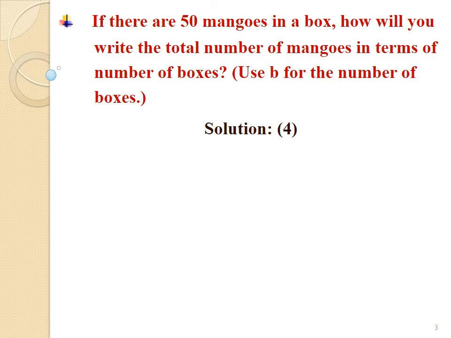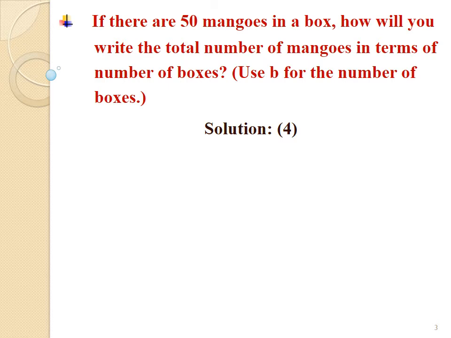That is, we have to write the rule for the total number of mangoes in the boxes. But we don't know how many boxes there are in total. Thus, we can say that number of boxes is variable.